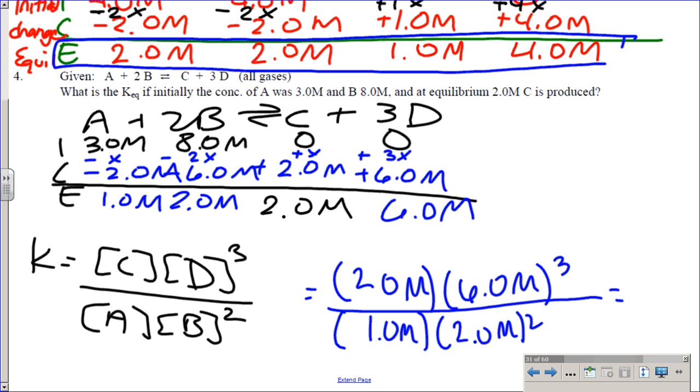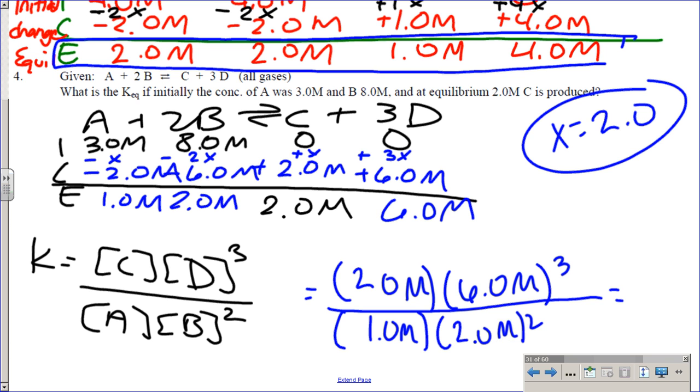Okay, C has a coefficient of 1 and equilibrium is 2.0, so whenever x goes in, you multiply the coefficient by it to get 2.0. There's only 1x here, right? So for C, you're adding 1x to get from initial to equilibrium. Well, what's x? 2.0. So to the side, you should write out x is equal to 2.0, and don't forget it, because once you figure it out, you just use it the rest of the time.